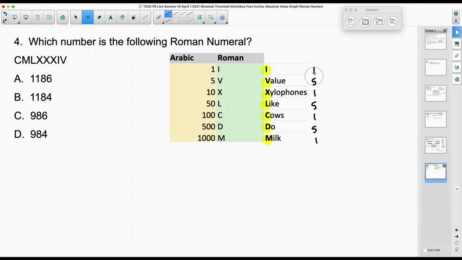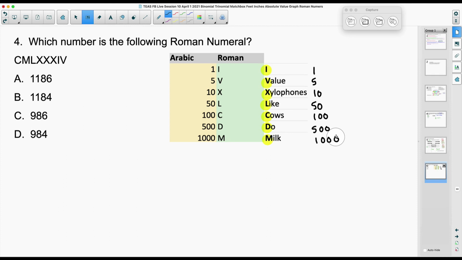So I'm not going to add zeros to these first two. But then the next two have 1 zero. So we got a 10 and we got a 50. Oh, look at here. The next two have 2 zeros. So 2 zeros, 2 zeros. And then our last one, the M, we have 3 zeros, 1,000. Boom. It's got a pattern to it.